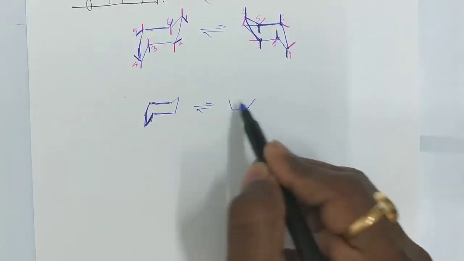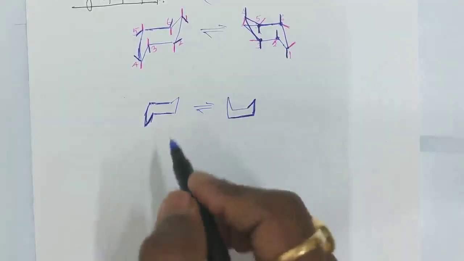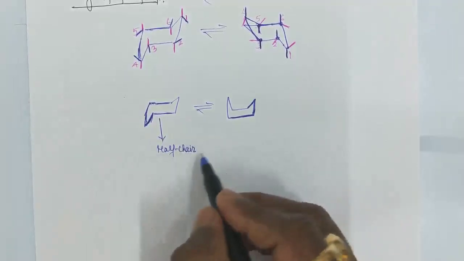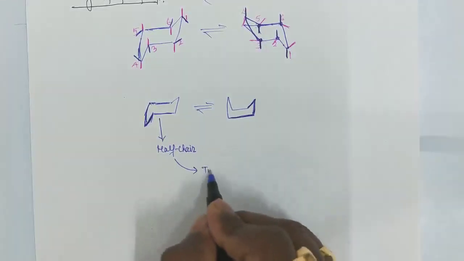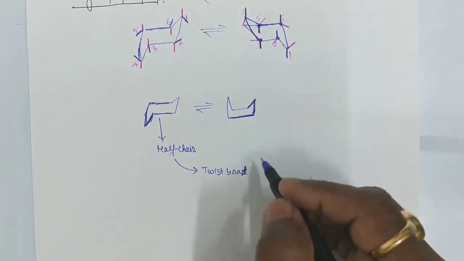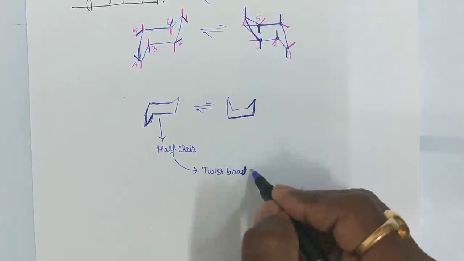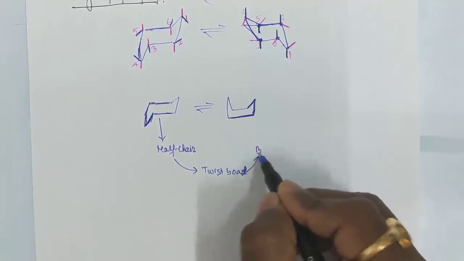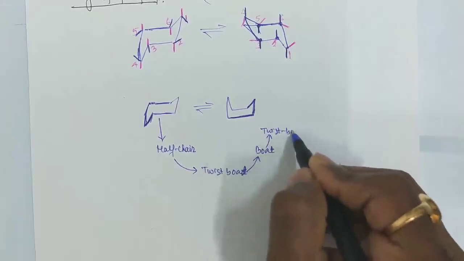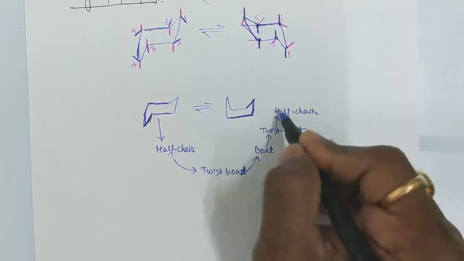Chair form goes to half chair, half chair is converted into twist boat, and twist boat is converted into boat, again twist boat, then half chair, and then chair.